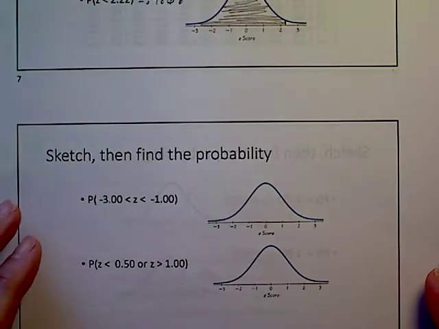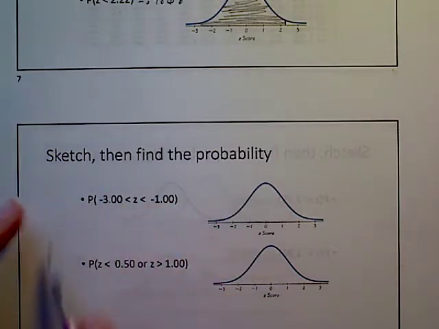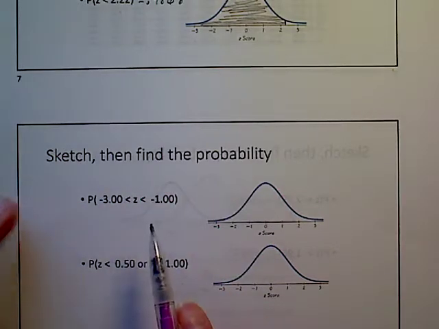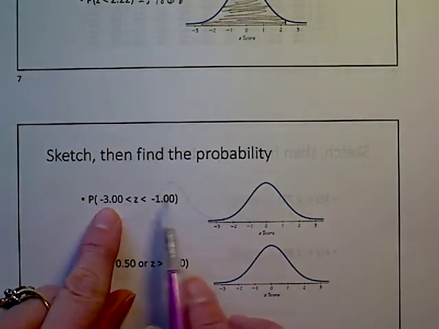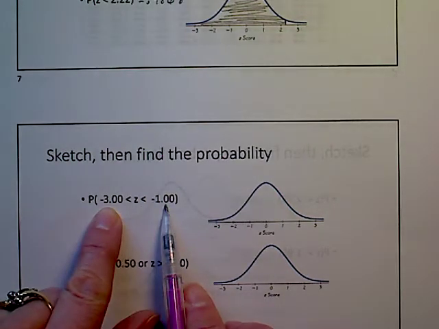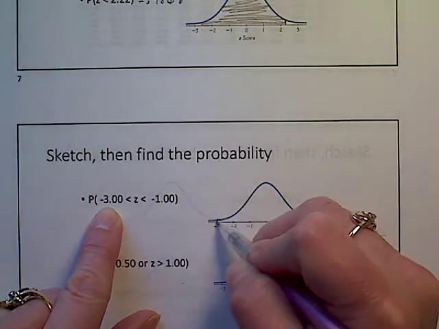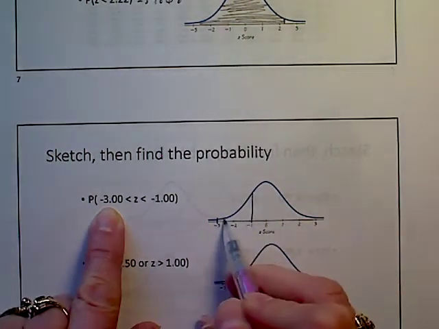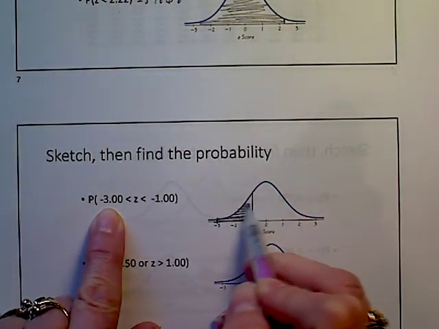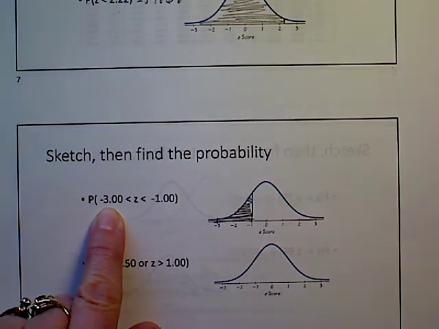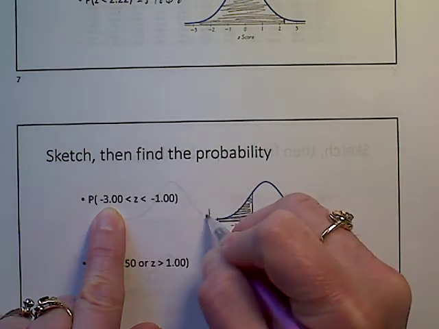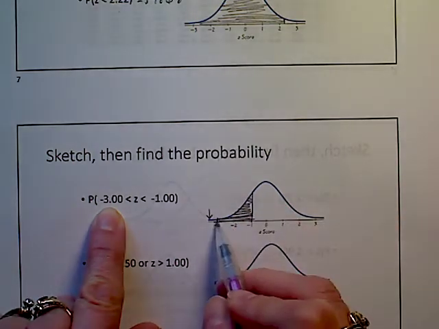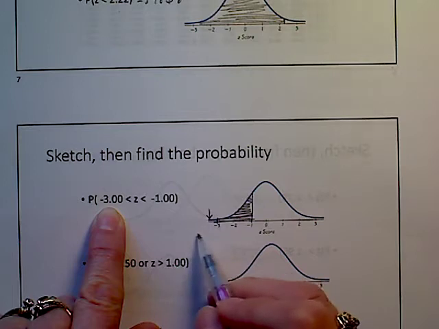Let's kick it up a notch. This'll be fun. Oh no. What is happening here? The probability z is between -3 and -1. So I'm going to go sketch out the region between, I love compound inequalities. What's happening is this area will be what I find on the table at -3.